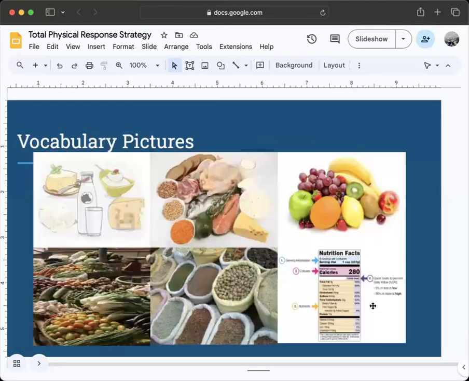With the first image, this one is an image of milk and butter. They're looking in their word bank for dairy products. Then the second one is meat, the third one is fruit, the fourth is veggies, the fifth one is carbs, and the sixth one will be the nutrition label.